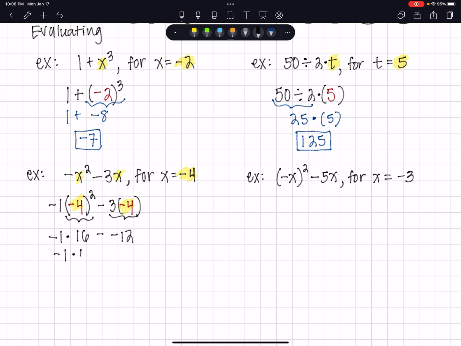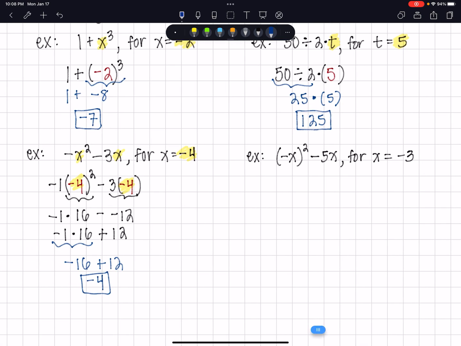So some of you might be going straight to this, going from -3 times -4 and seeing +12. That's a good thing. Now from left to right, we've got multiplication, which is where we're going to get -16 from, and -16 plus 12 is -4.